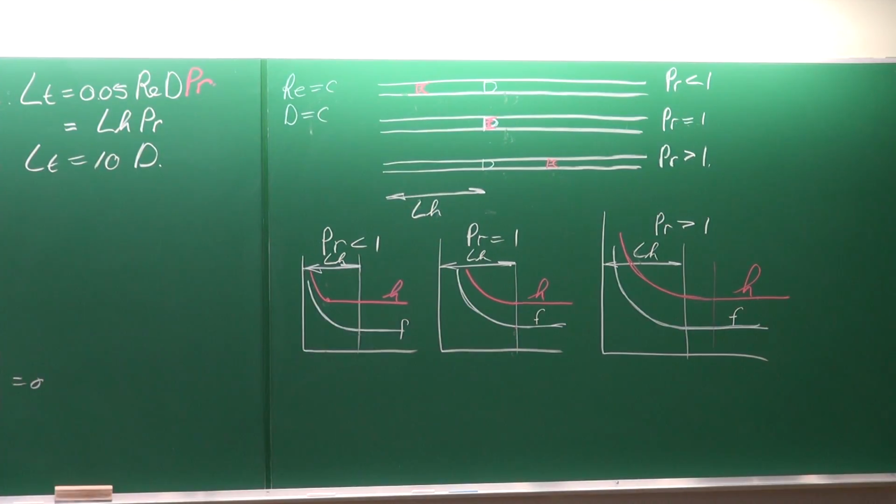Okay. Now, one last graph that I need to discuss with you before we finish this lecture. And that is a graph which is in your textbook, and it is figure 8.9.